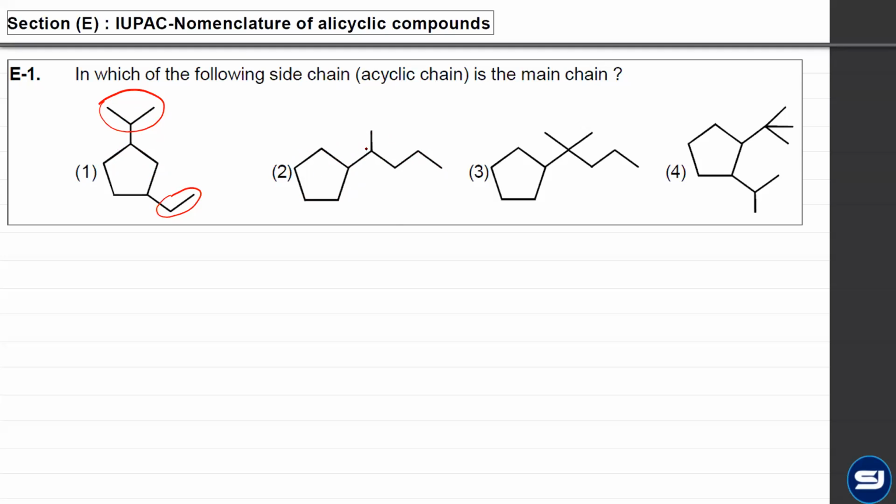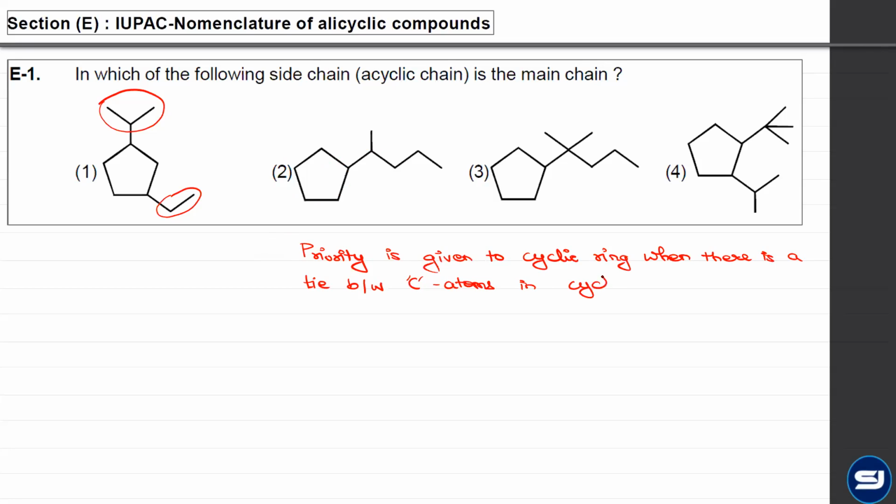Now when cyclic and acyclic clash, there is a tie between the carbon atoms, then cyclic gets the priority. Write the rule: priority is given to the cyclic ring when there is a tie between carbon atoms in cyclic and acyclic.